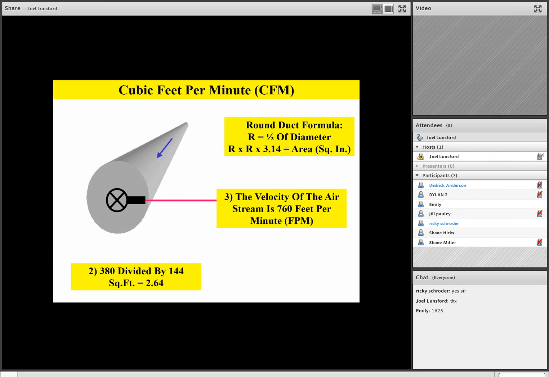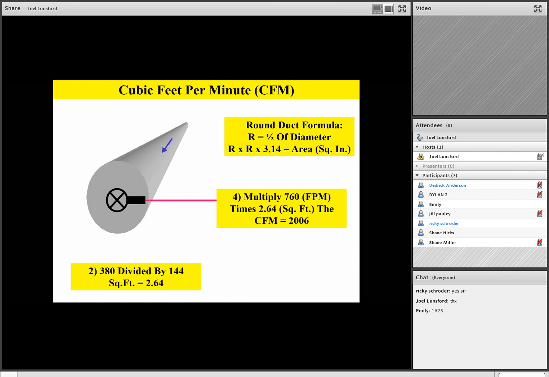We then multiply 760 times the square foot opening, 2.64. And once we multiply 760 times 2.64, that's going to give us a CFM of 2006. So that 22-inch round duct, based on 760 feet per minute velocity.